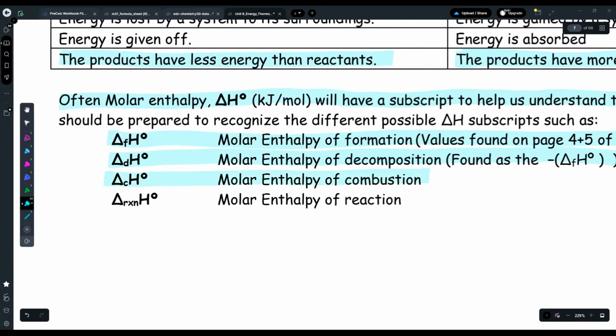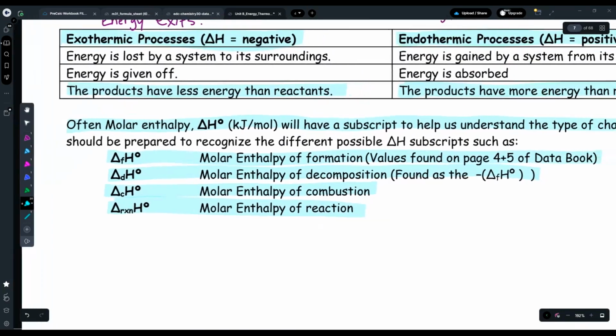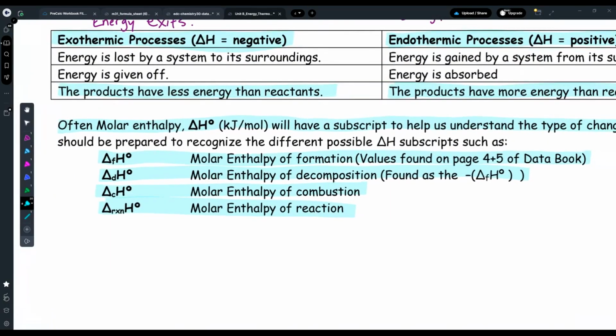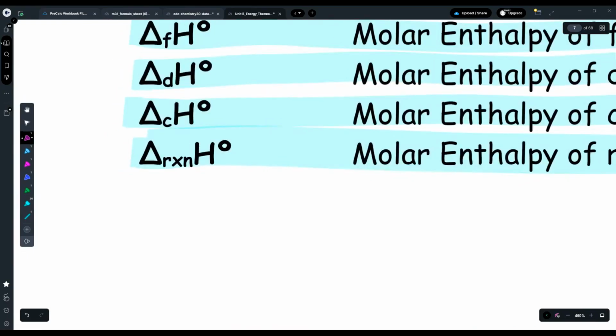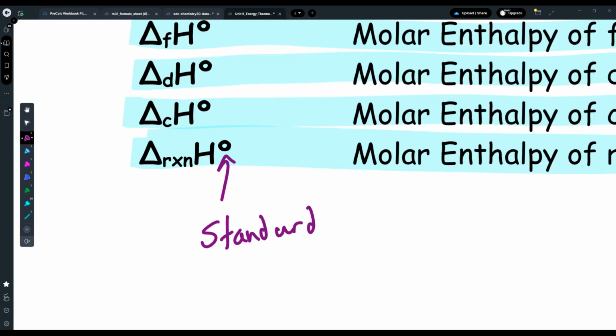The delta CH, that's the molar enthalpy of combustion, and if it's just trying to be general, then delta reaction H, that's molar enthalpy of reaction. Just so you know, these little circles only stand for standard conditions, so your reaction is taking place at 25 degrees Celsius and 100 kilopascal.